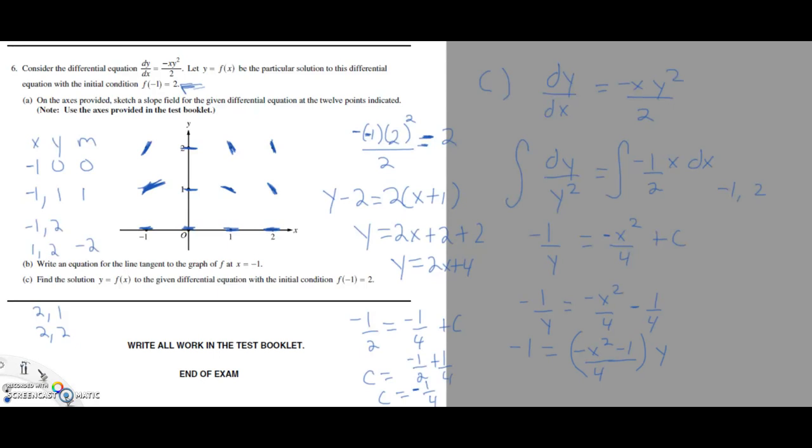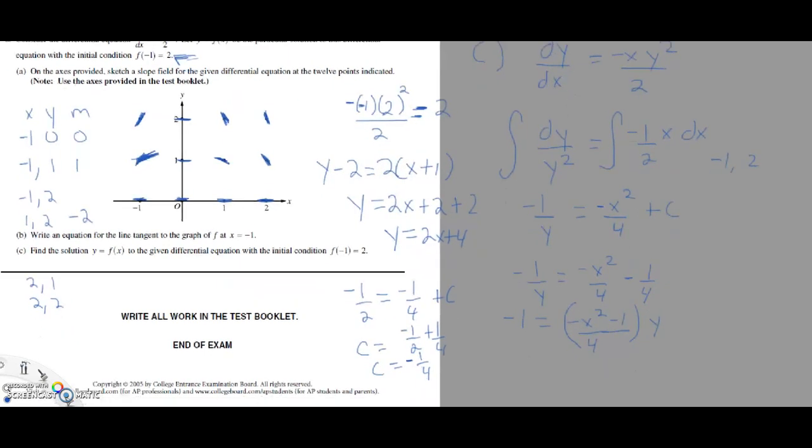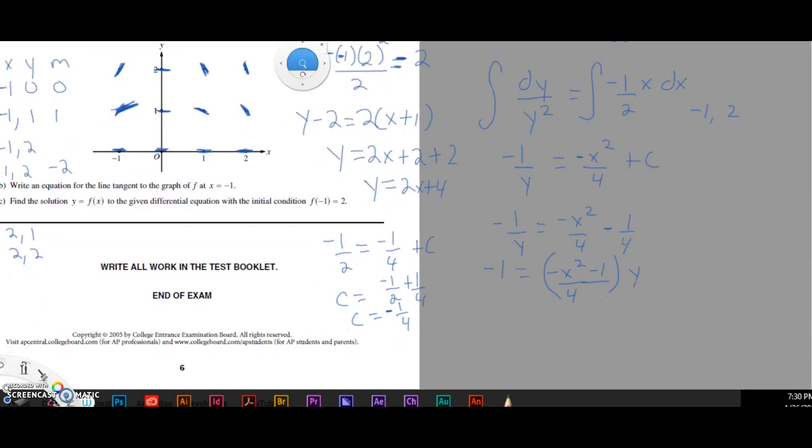Now, let me just move this canvas so we have more room. So now, when you continue this, you're going to have to divide. So now you're going to get x squared minus 1 over 4 equals y. Getting there. Negative. Can't forget that part.